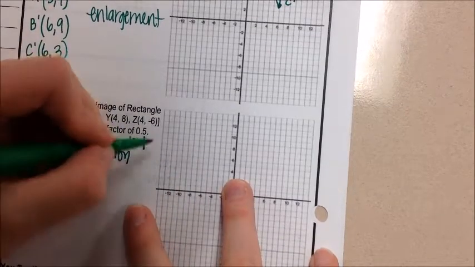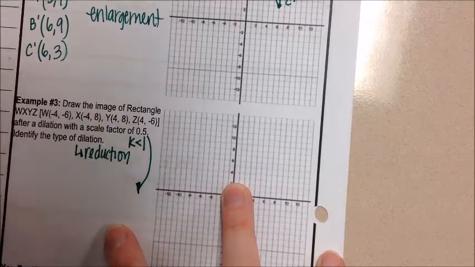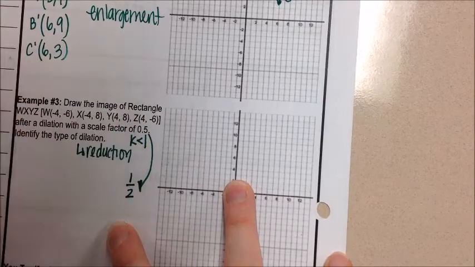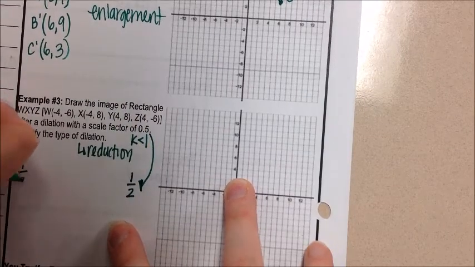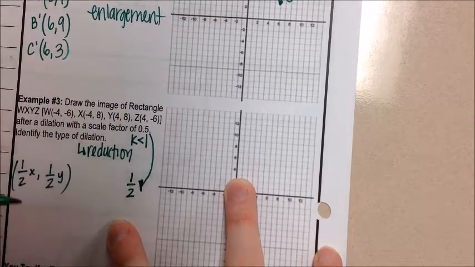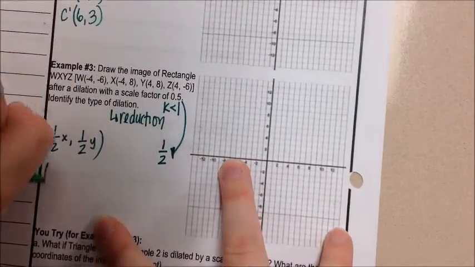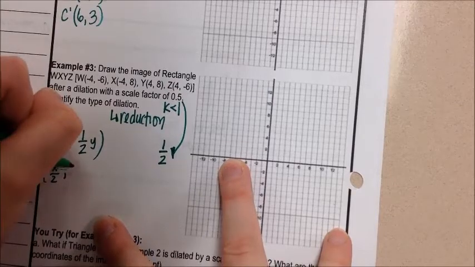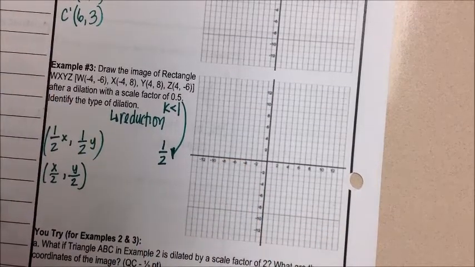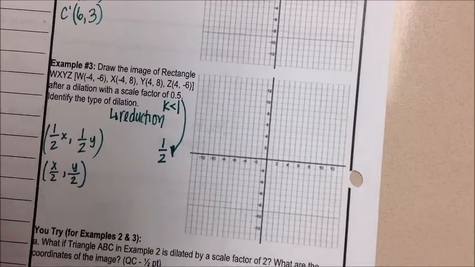Okay, and does anybody remember 0.5, what that is as a fraction? That would be 1/2. So if I'm multiplying 1/2 times x and 1/2 times y, that's the same as dividing them by 2. Multiplying by a fraction is the same as dividing by its reciprocal.